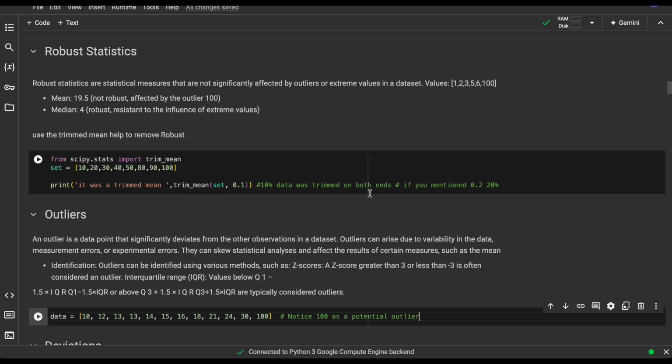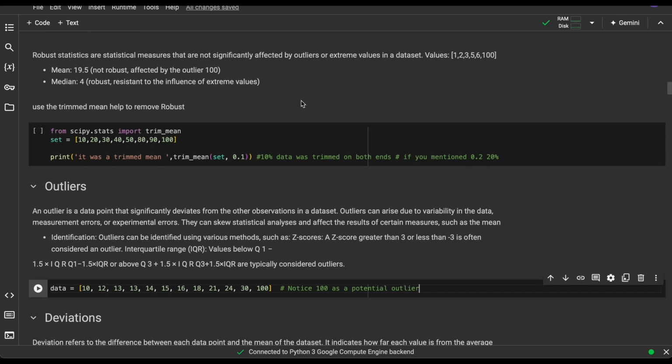This is especially useful for real-world datasets, which often contain errors or extreme values that can skew the results. Robust statistics is very helpful in real-world data cleaning processes, like first removing the outliers. Let me discuss them one by one.